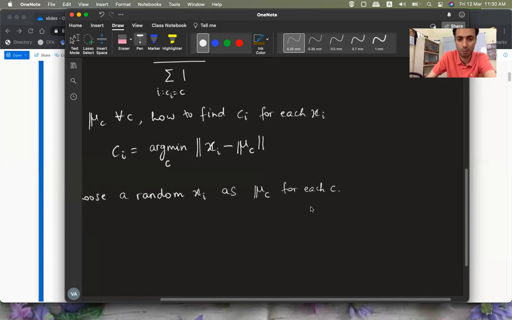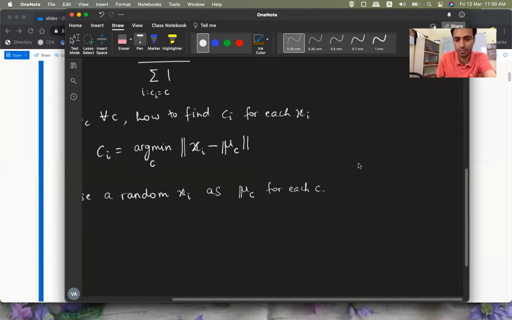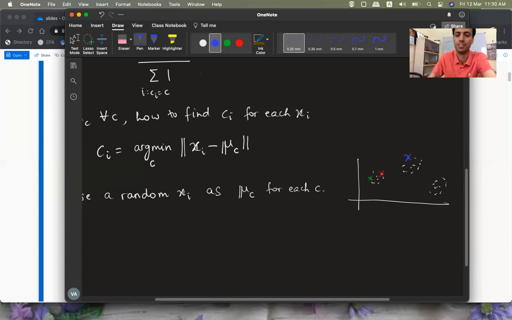So basically what has happened is that you had this data, and you just took any 3 random points. This is green, this is red, this is blue, let's say, which are wrong.